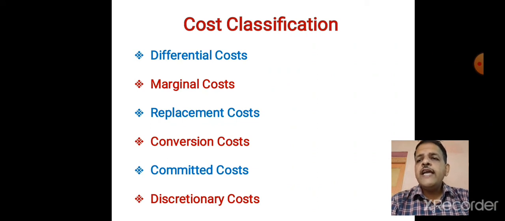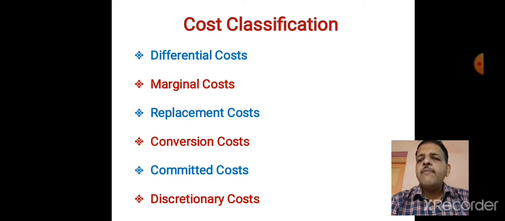Now we take one example of marginal cost. Direct material is say 1,50,000. Direct labor is 1 lakh. Direct expenses are 50,000 and variable overheads are 80,000.